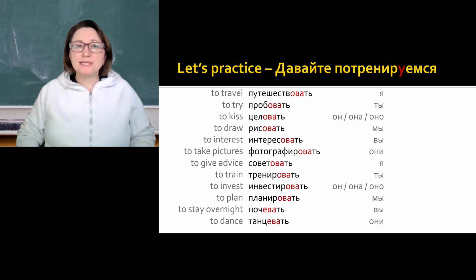Okay, so to say I am traveling, you would conjugate путешествовать by dropping the soft sign and replacing it with you and changing over to u. So it will be я путешествую. To say you're trying or you're tasting, we would say ты пробуешь.